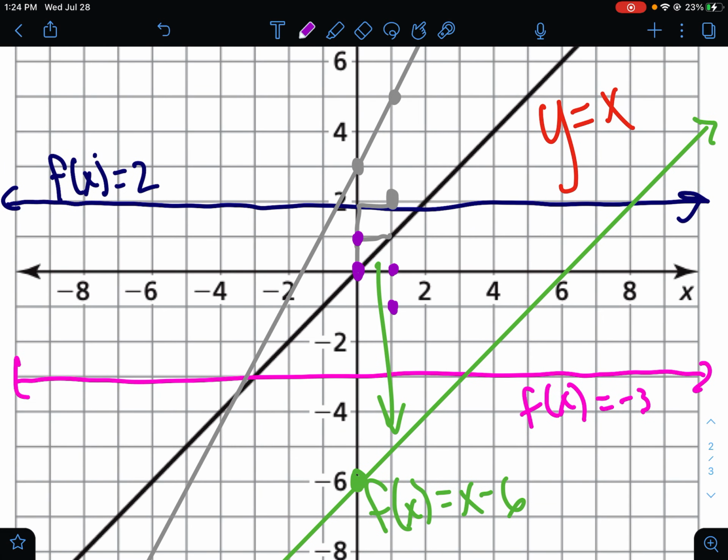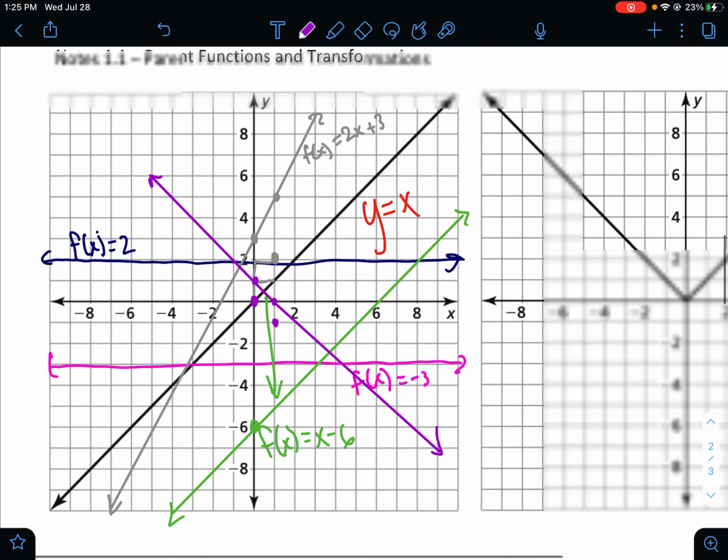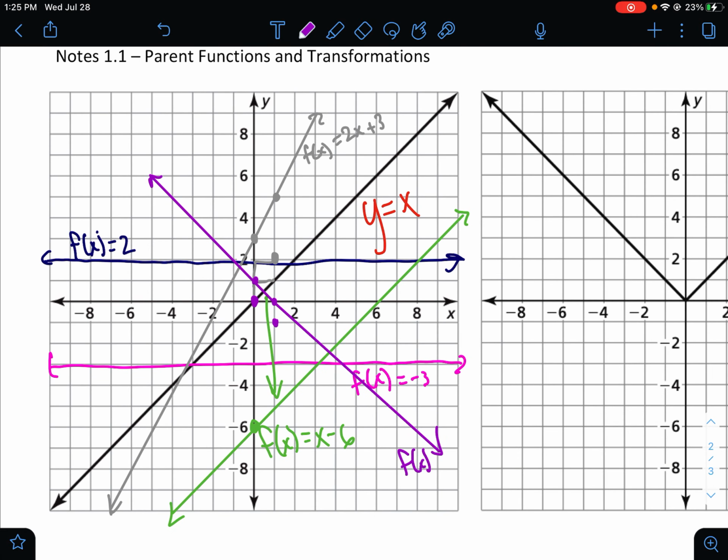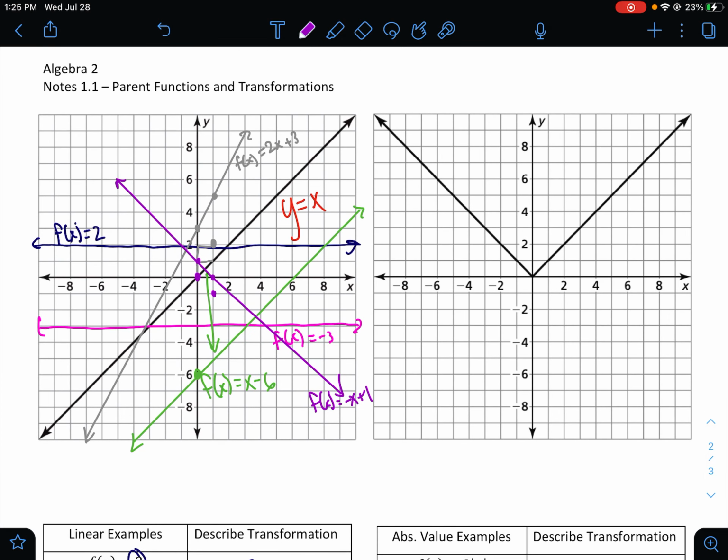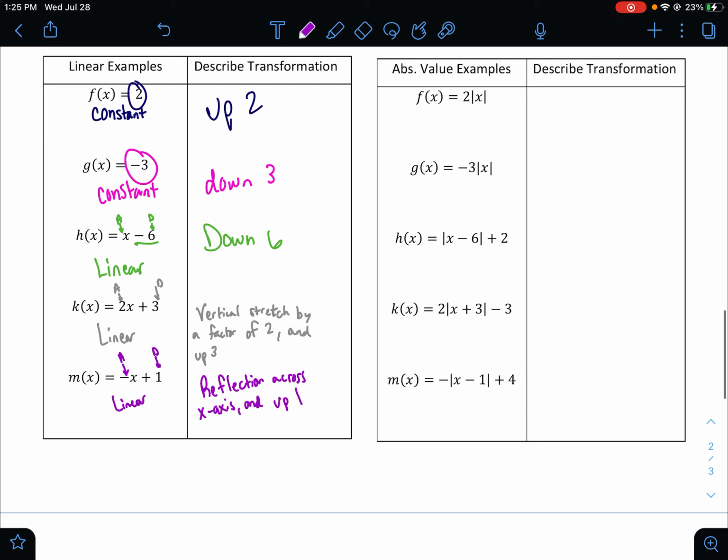And this is f of x equals negative x plus 1. Really a lot of stuff going on there, but hopefully you get the idea of what's happening there.